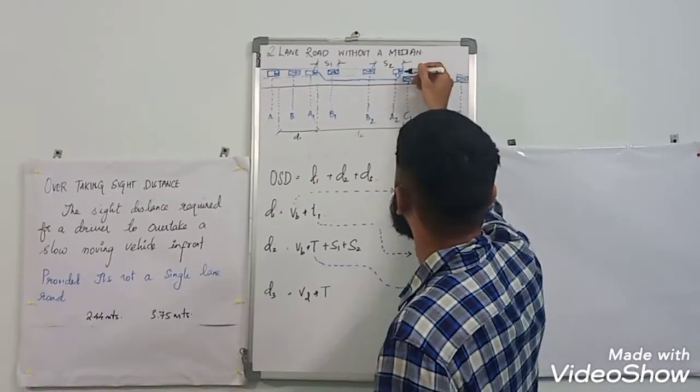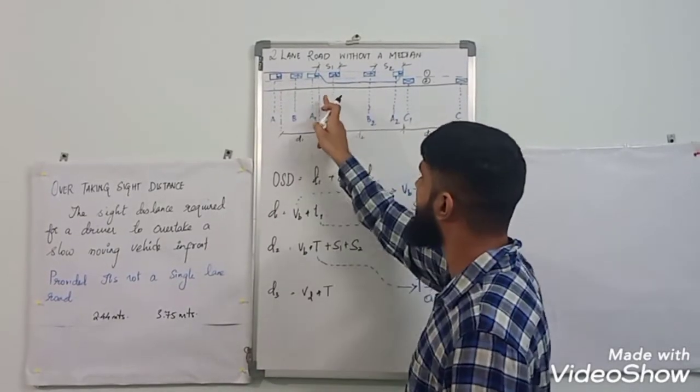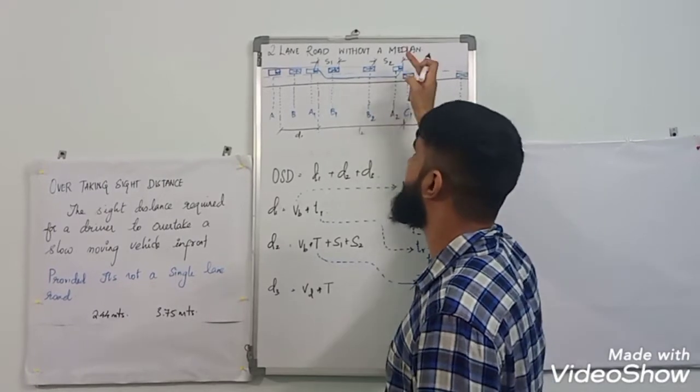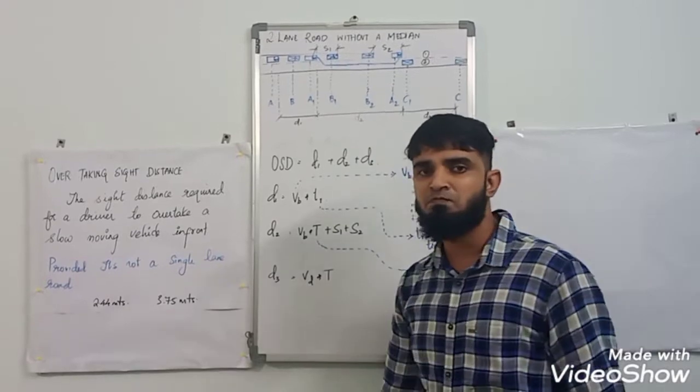Alright, and now this distance of vehicle A overtaking vehicle B, changing its lane and again going back to its lane, that is what we call as D2. Simple.